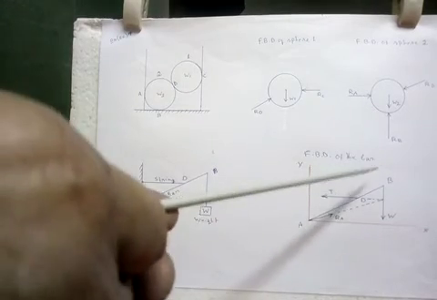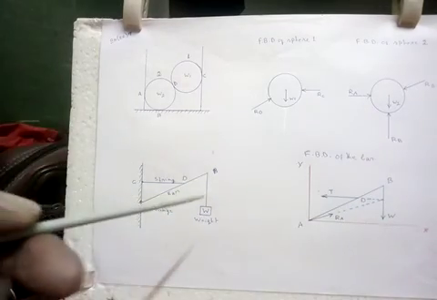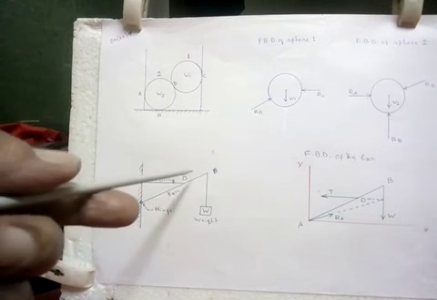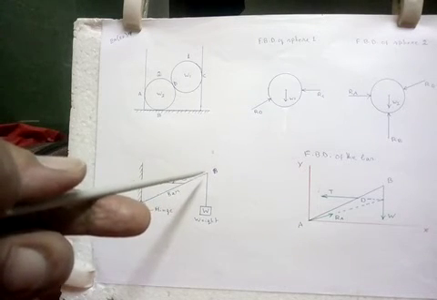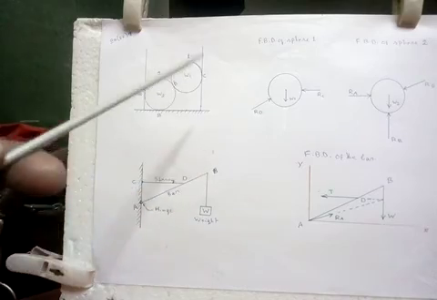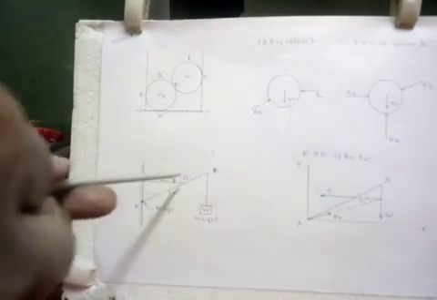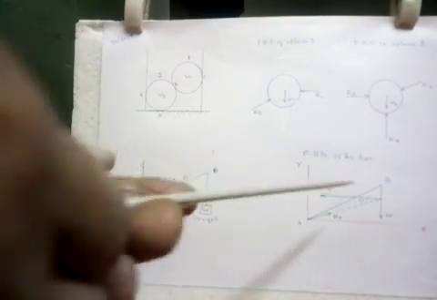So I have shown the W. Now the string is holding this beam to prevent the rotation of the beam in this direction. So there is a tension in the string. So tension T is drawn.